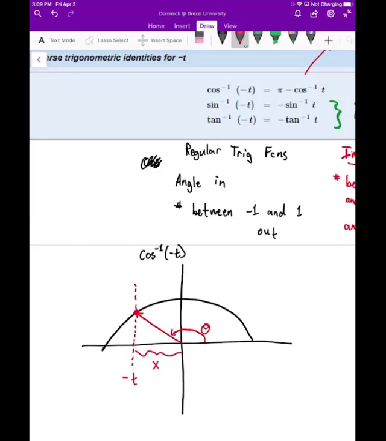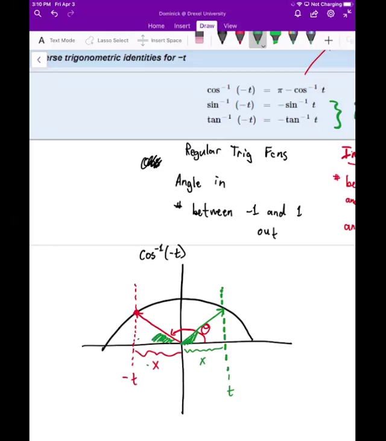Now if you look at positive t, that's just the one on this side, and that's going to be over here. So this is the corresponding value here. Now, of course, what's the relationship between these two? This green one here is the same as this one, by complementary angles.